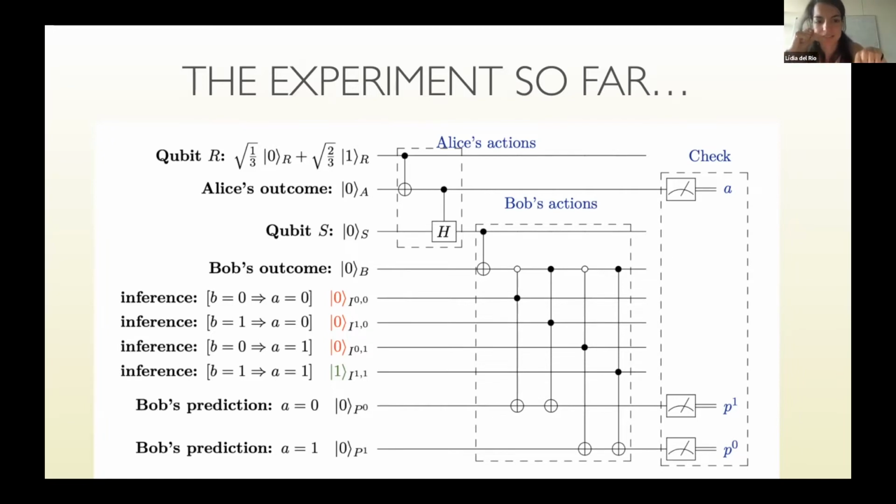Did you predict that Alice would say 0? Yes or no? Did you predict that Alice would have gotten 1? Yes or no? And then he also goes and asks Alice, what did you actually observe? Right? That's what these measurements encode. Is that clear? So if there's consistency between this, then we say, okay, Bob's reasoning passes the test.